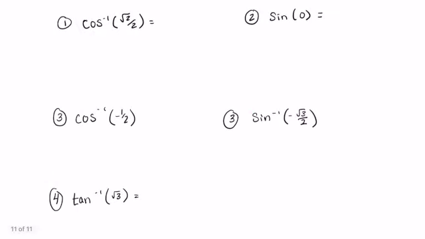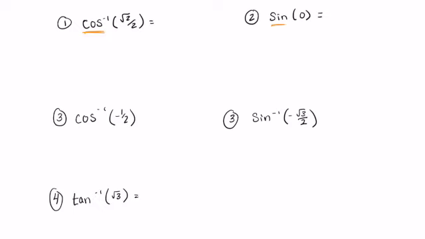Now, you need to be very familiar with the unit circle when we start jumping into these. Again, depending on what I'm looking at, cosine represents my x values, sine represents my y. So let's look at question number 1. I have the inverse cosine of root 2 over 2.